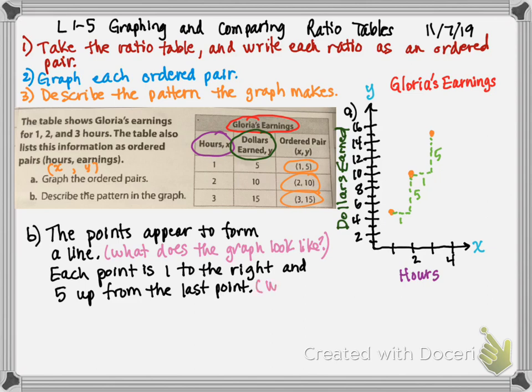What does the point do? Or what does each point do? In other words, how does it move from one point to the next?